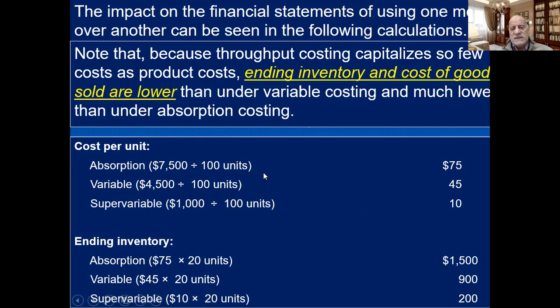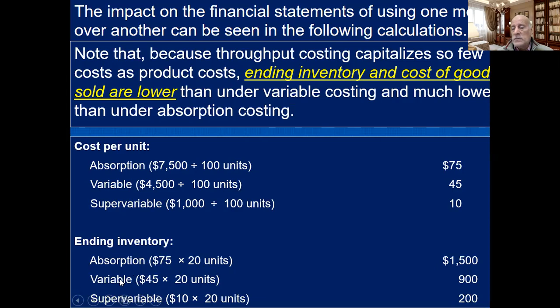Under each method, the ending inventory is valued as follows. Under the absorption method, the ending inventory of 20 units multiplied by the cost per unit of 75 is $1,500.